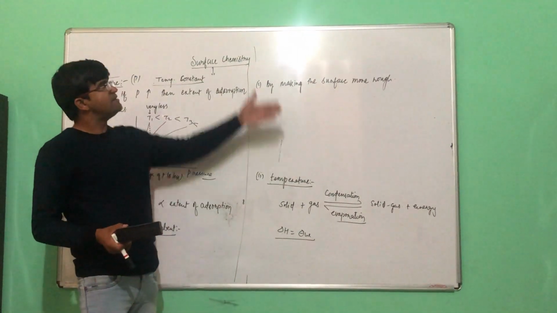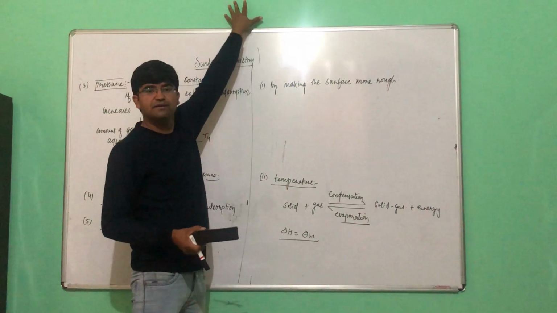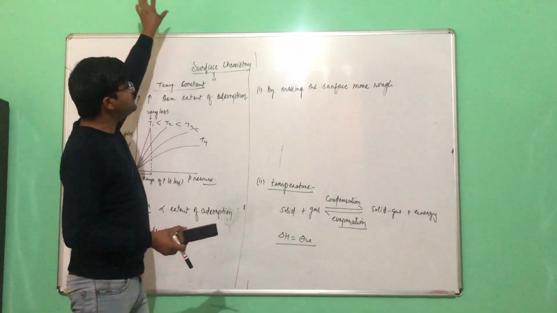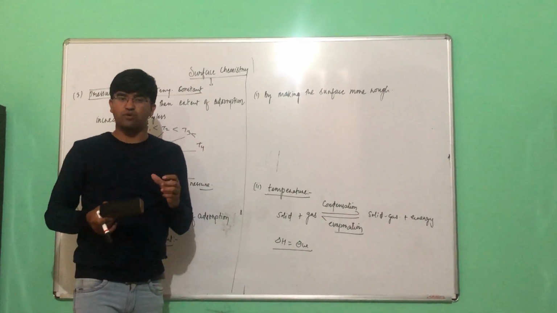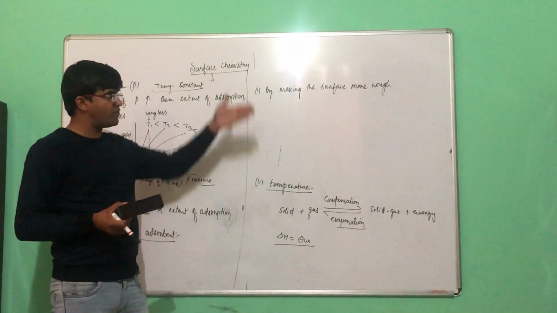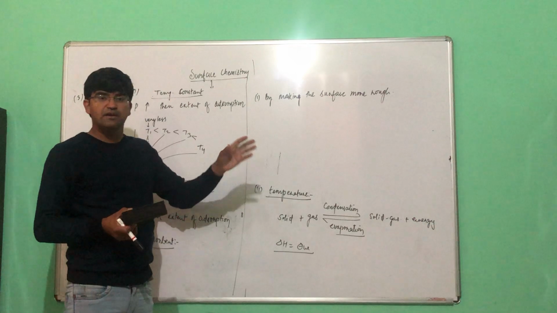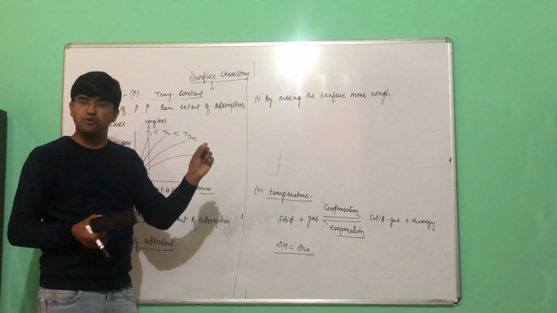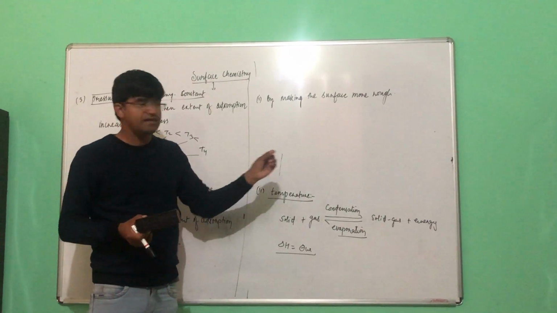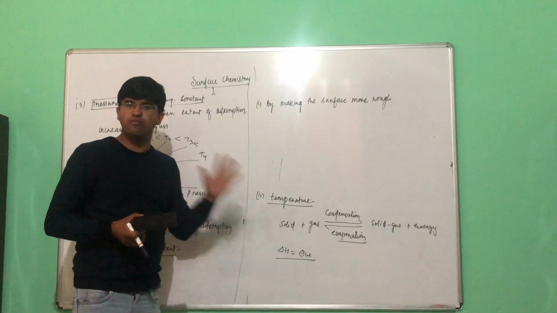For example, this is a plaster. In the plaster, the surface area is more. So on plaster, first of all, we apply wall putty. Why is wall putty applied? Because the small pores present in the plaster get filled with the wall putty.